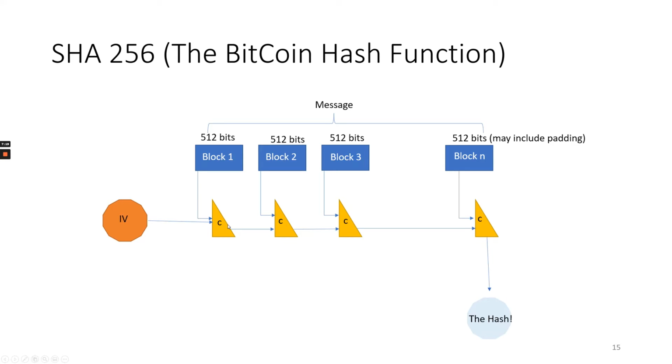Now we take the output of that function and again combine it with block 2, which is also a 512-bit block, which again goes through the same function C and gives us another output. In this way, we consecutively use all the blocks, and by the end of this process, we'll have used the entire message to finally generate the hash for the whole message. And this is how the Bitcoin hash function works.